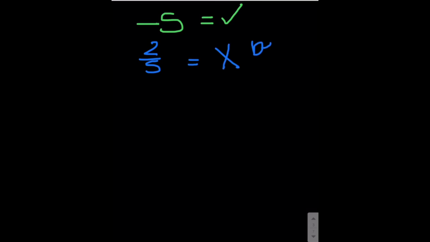So let's do a quick example. So is -5 an integer? So right over here, I'll create a checklist. So I'll write 2/5 is not an integer because it's a fraction.